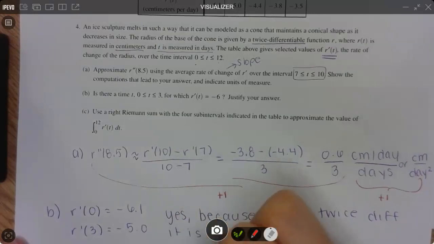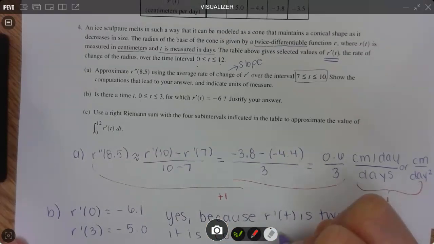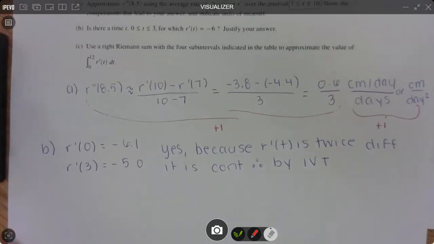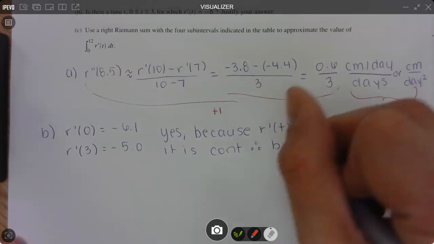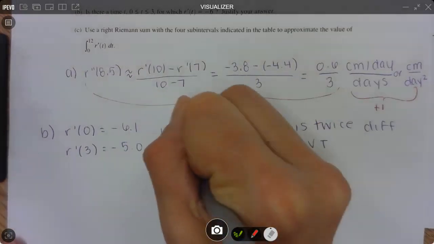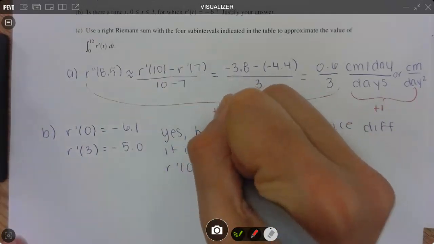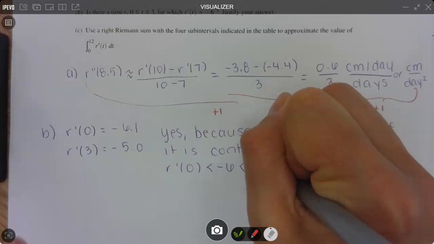It is continuous. Therefore, by IVT, r prime of 0 is less than negative 6, which is less than r prime of 3.